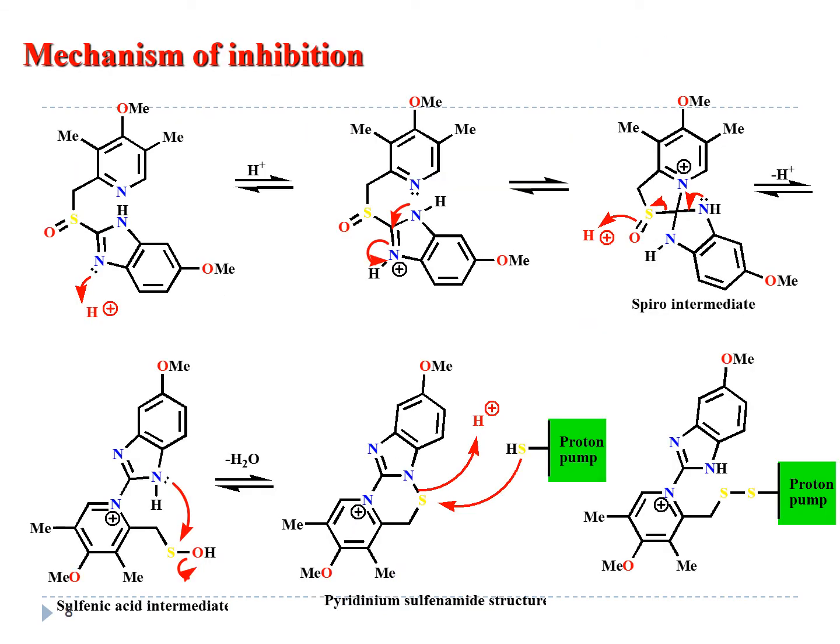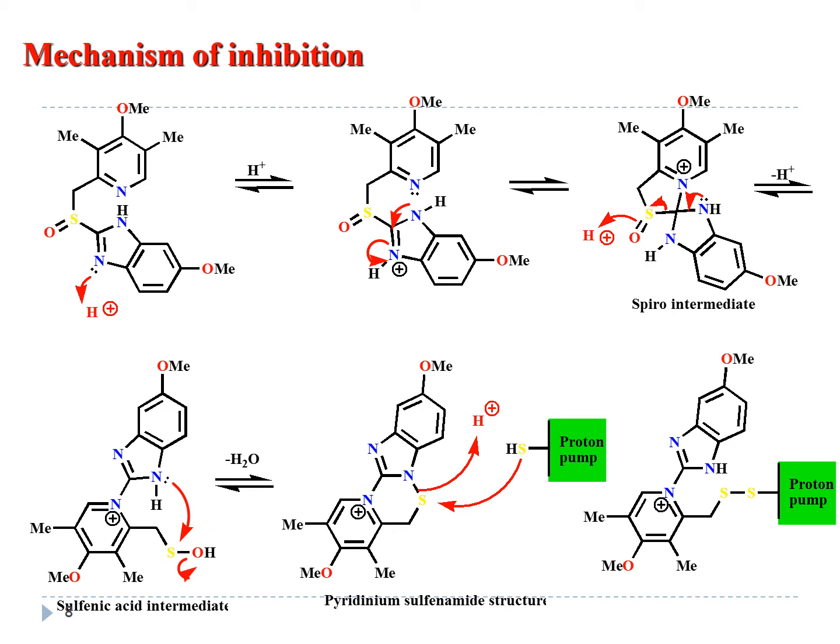The activation of the PPI starts with protonation of the benzimidazole ring in the acidic pH of the parietal cells. This protonation in turn forms a spiro intermediate which in presence of the acidic pH forms the sulfenic acid intermediate, which is the actual drug.